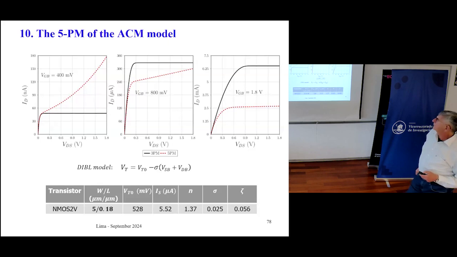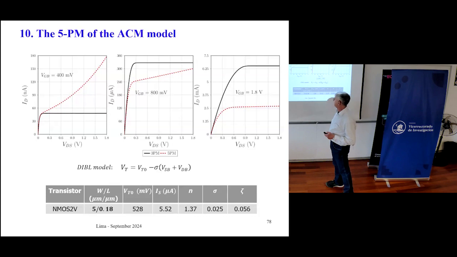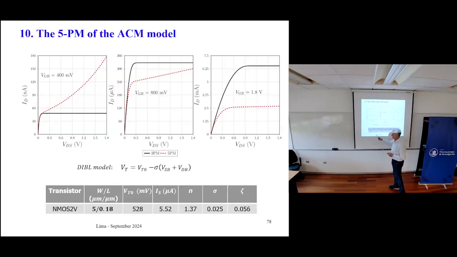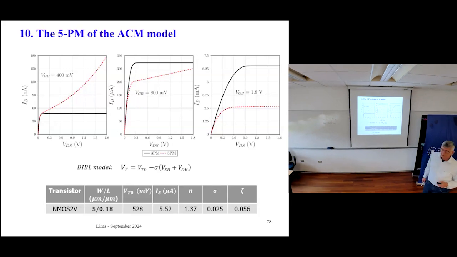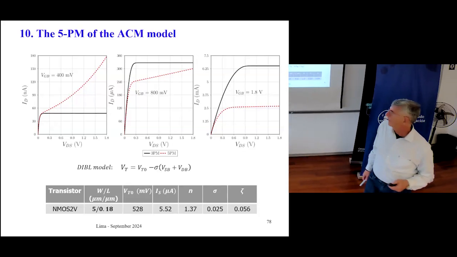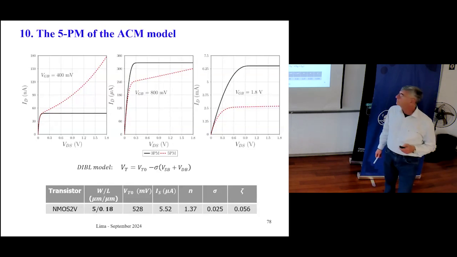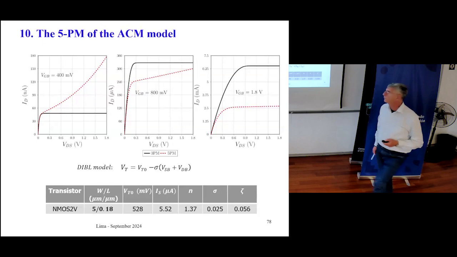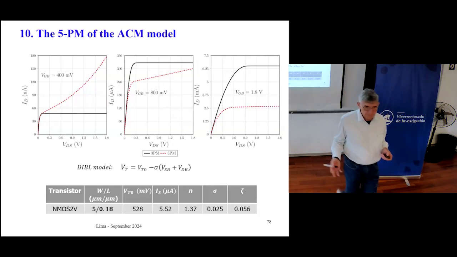No, this is not a long channel because this is a 0.18 CMOS technology. This is the minimum channel for this technology. Okay? I would say it's a wide transistor because this number is much higher than the minimum width.